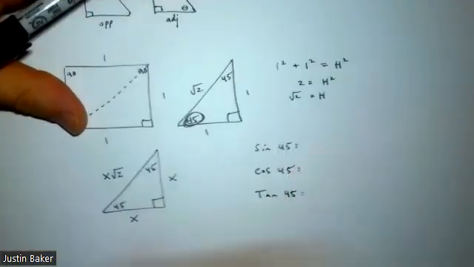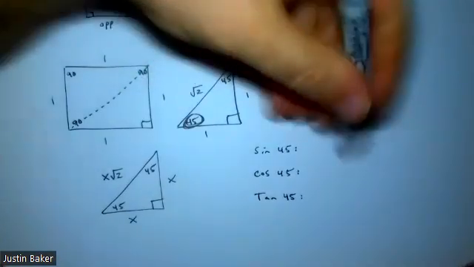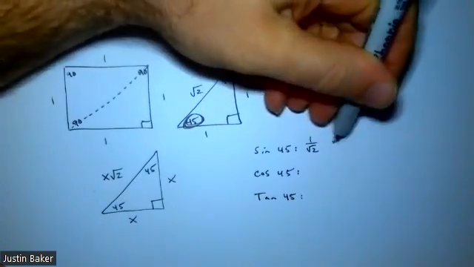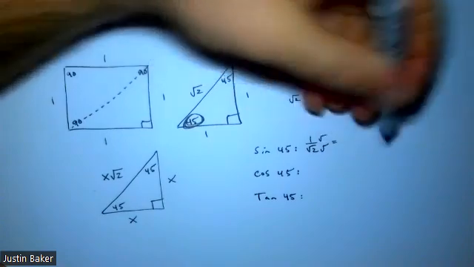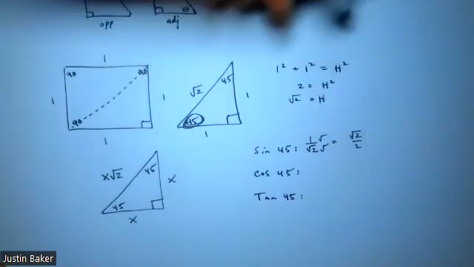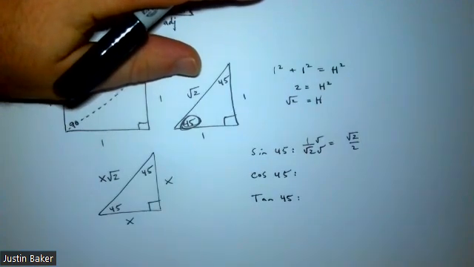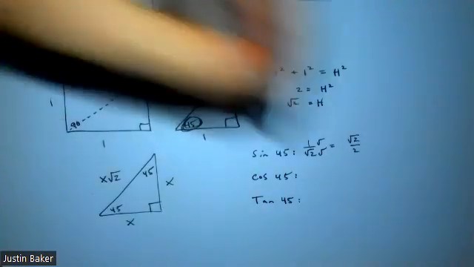Okay, so if we go through this, what would be the sine of 45? Opposite over hypotenuse is 1 over root 2. And then if we rationalize that, we multiply the top and bottom by root 2. That would tell us that the sine of 45 is root 2 over 2. Okay. If we look for cosine, you're going to see it's the same exact thing.